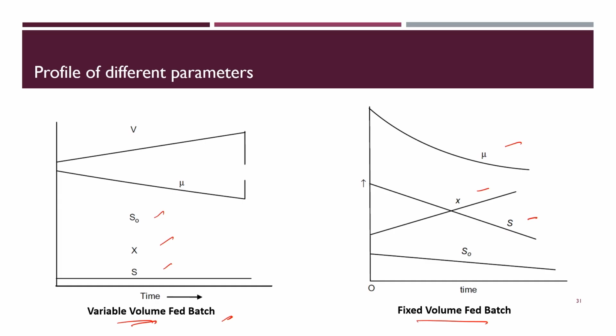Further, in the case of fixed volume, the substrate concentration is declining and biomass x is increasing, and similarly the specific growth rate mu is slowly declining because the substrate is depleting. These are the two profiles for variable volume fed batch and fixed volume fed batch.